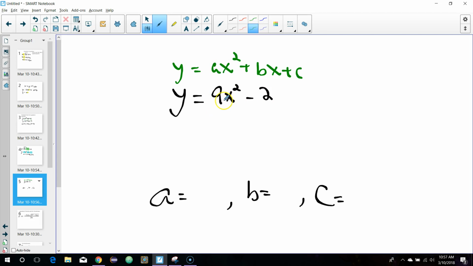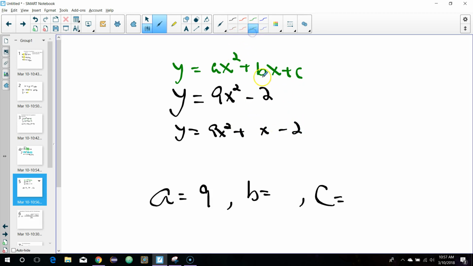So if I'm pairing this, I know my A is definitely going to be 9. But I don't have the x term. So what happened to the x? So basically what this means is I should still have that b, but it's not there. So y is equal to 9x squared plus the x, which I'm missing, and I still have that c, which is -2.